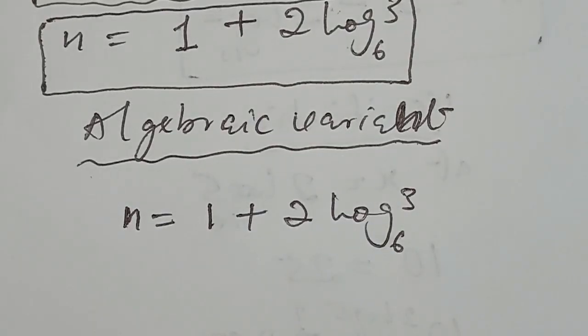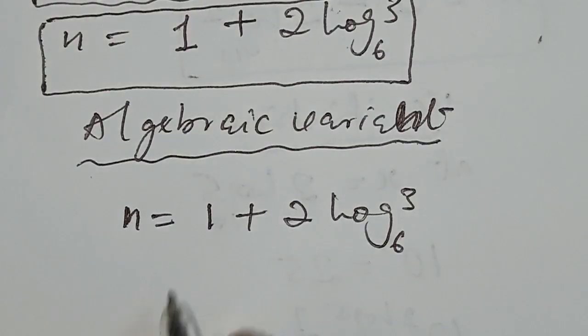Okay, now what we do is change the base of the logarithm so that the number looks simpler. That is, we'll be changing the base to 3 instead of base 6.